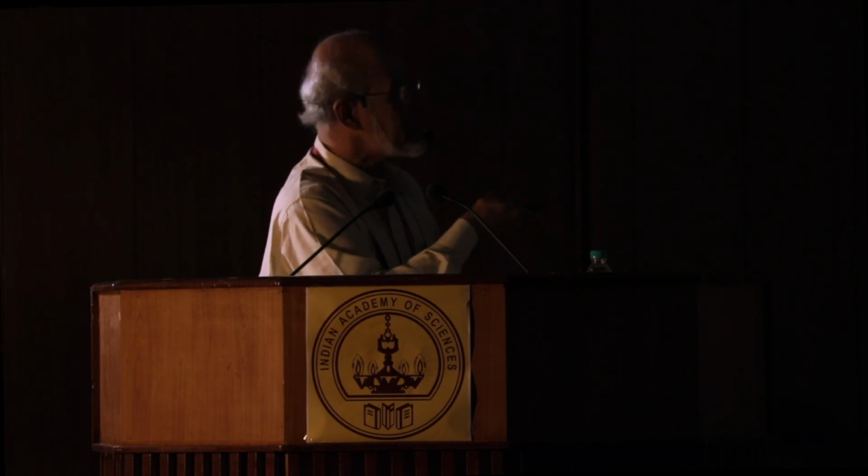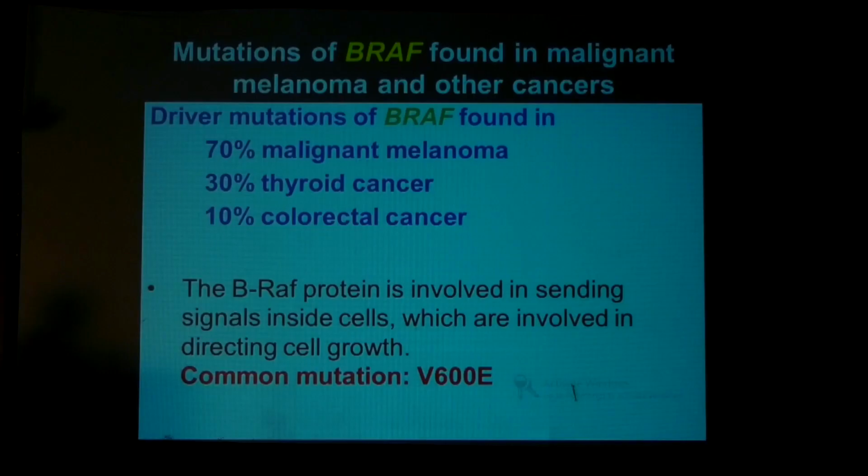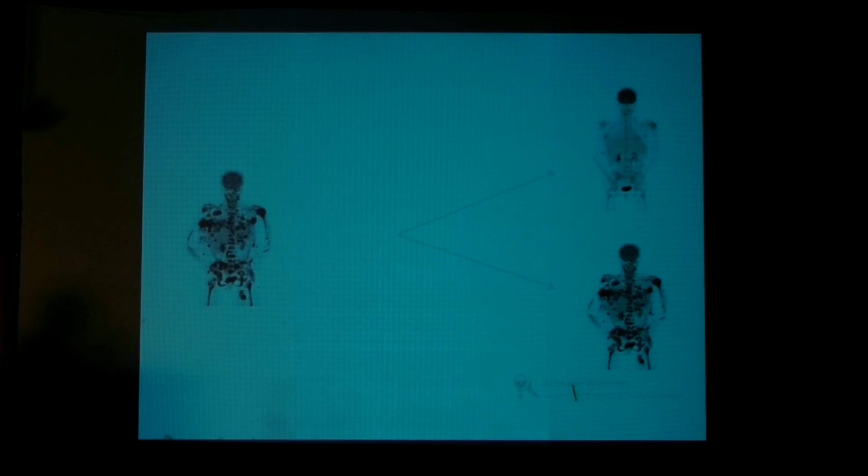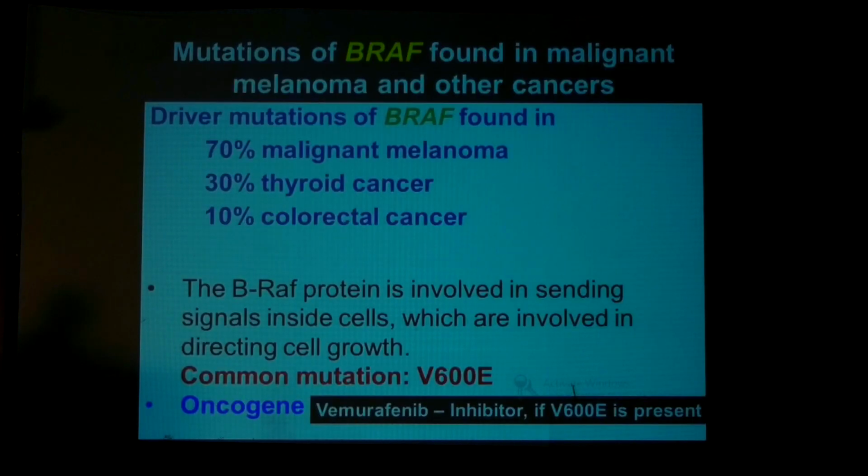There's a common mutation in this particular gene called V600E, which is essentially a single nucleotide change that changes one amino acid to another amino acid. It is an oncogene, and there are drugs now available. So there are drugs now available, called vemurafenib, which inhibits this gene if this particular mutation has taken place.